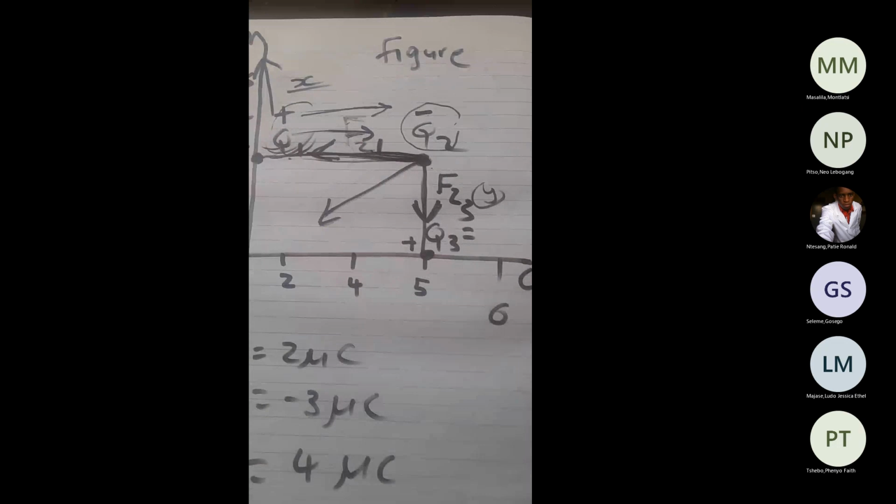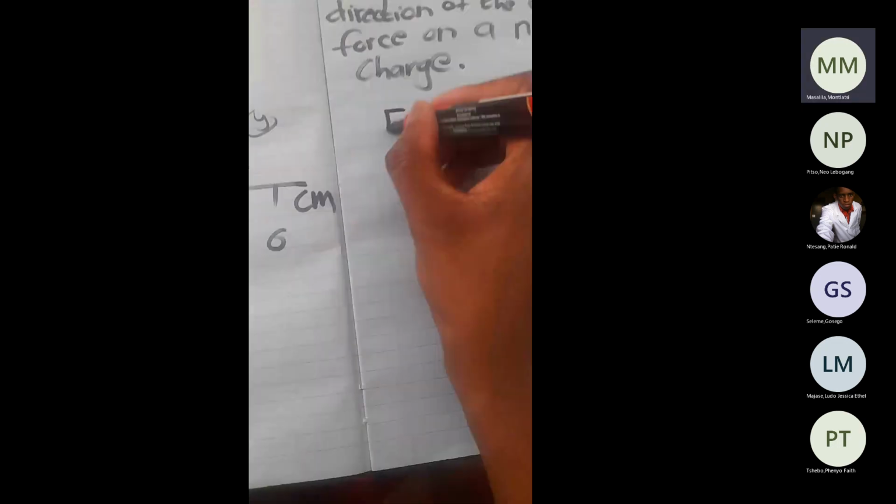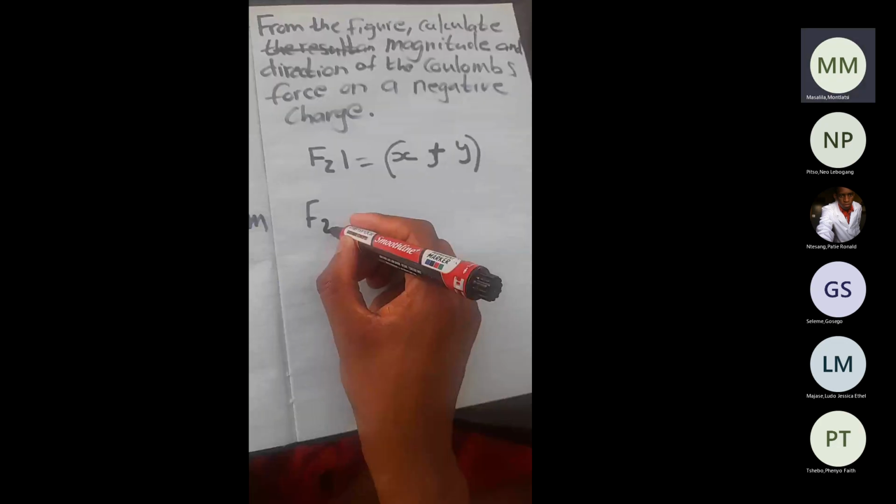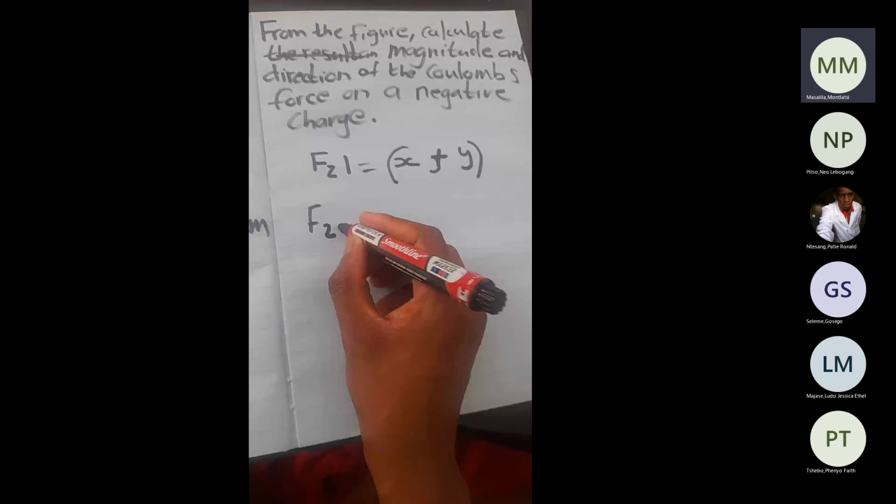The force on 2 due to 1, you are going to write it as x plus y. And the force on 2 due to 3, you're going to write it as x plus y.